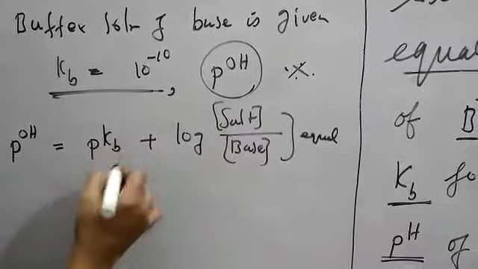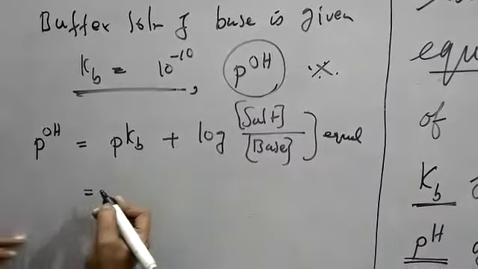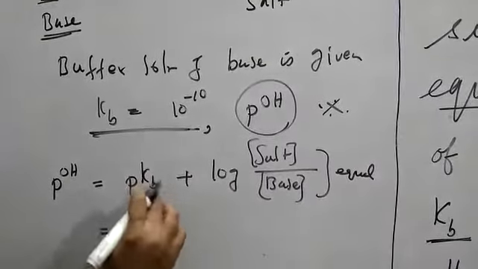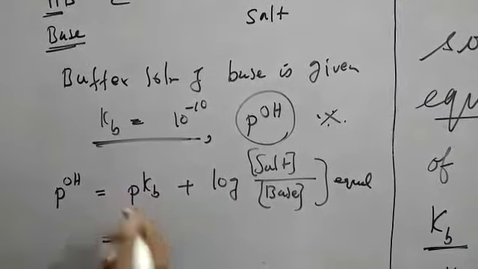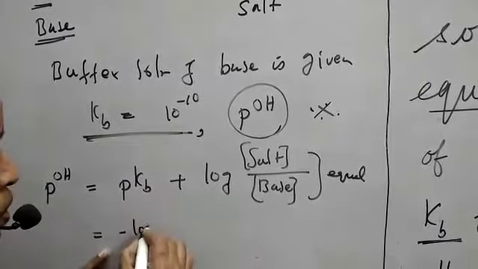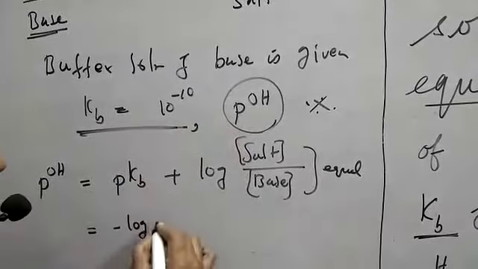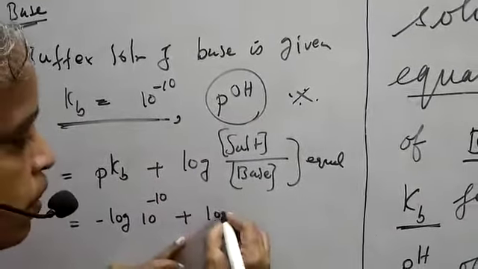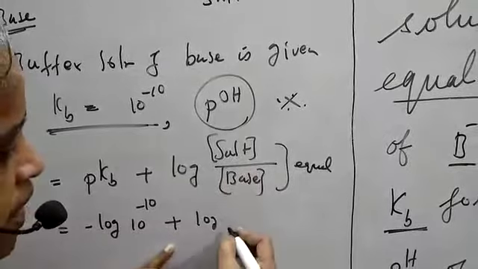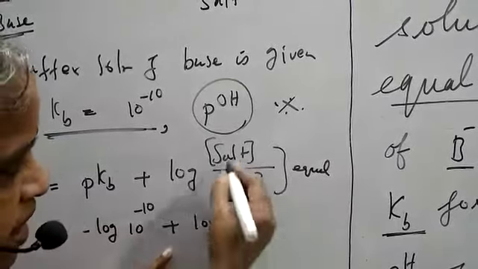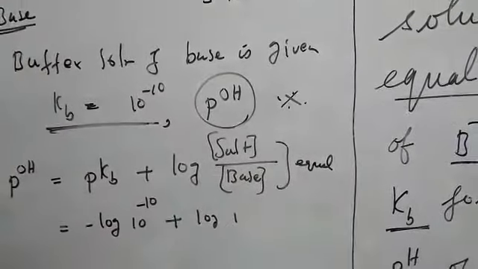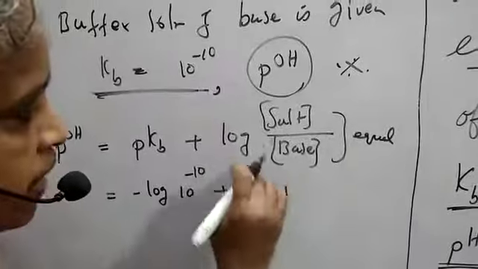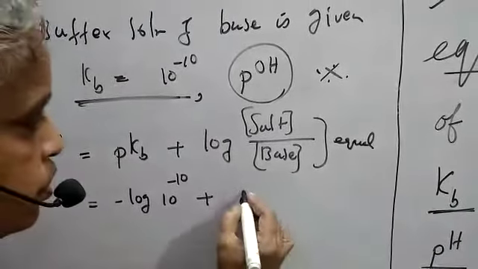Now let us substitute the values. pOH is equal to pKb. The pKb formula is negative log of the Kb value, 10 power minus 10, plus log of, both are the same, equal. That means what you are getting is log 1, and log 1 is equal to 0.